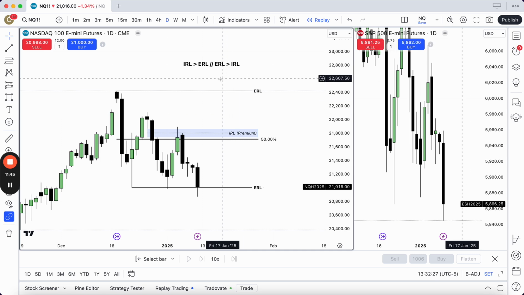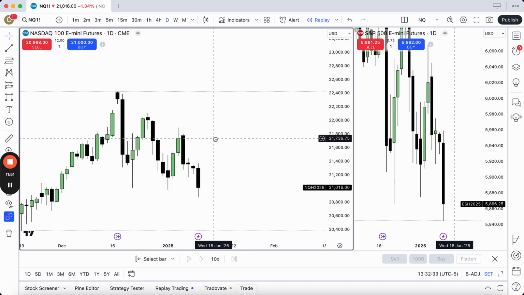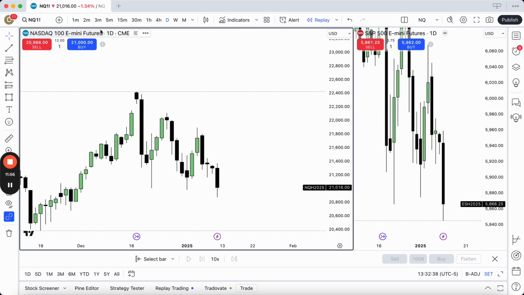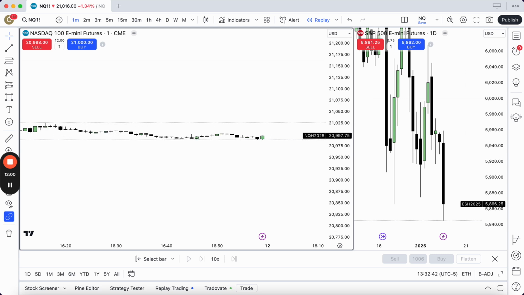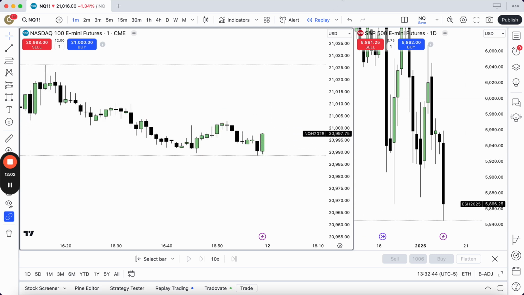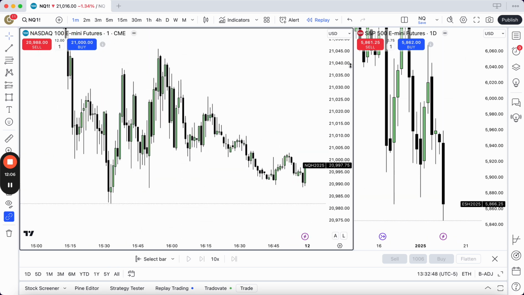But you have to remember that when you're dealing with liquidity, higher time frames are way more significant than lower time frames. Okay? This is on the daily time frame. Right? We could have easily had some IRL to ERL bullshit move on the 1 minute. The 1 minute holds no significance compared to the daily. Okay? No significance.